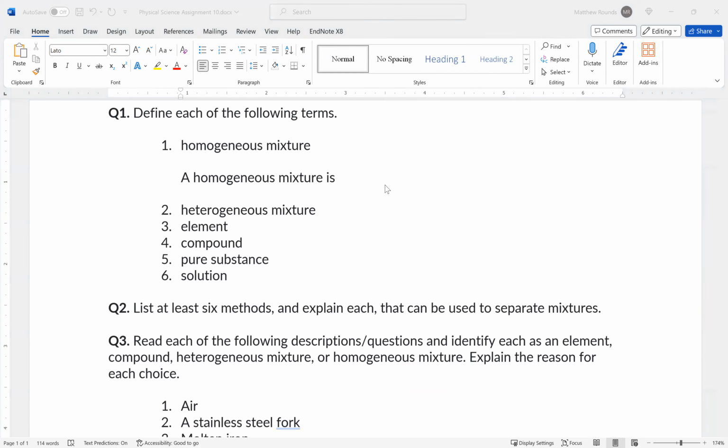Let's see if there's anything in your notes to help with that. There is absolutely nothing in there. Okay, could you go out to the internet and search for a homogeneous mixture? And typically they actually want you to have an example of this, which I'm really surprised that they don't have here.